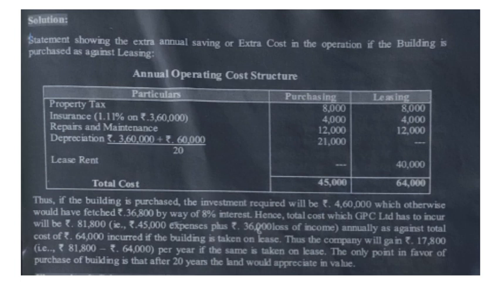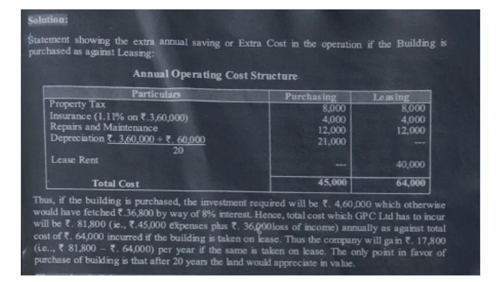So the only point in favor of purchase of a building is that after 20 years the land would appreciate in value. So if you purchase an asset, the initial investment is more, but in future the land will appreciate. There is depreciation in the building, but the land will give you an appreciation.